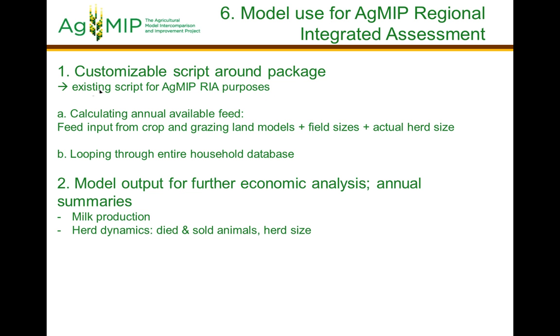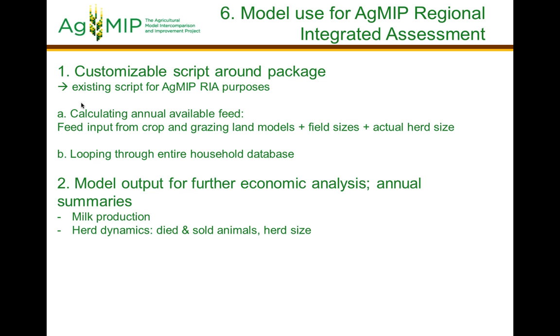Okay, so basically what we then did is we developed a script to take all these things into account, so to allow us to calculate the available feed every year of a, let's say, 30-year simulation run. And we built this script also to allow you to loop through an entire household database.